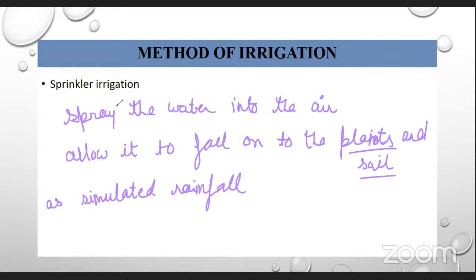Okay. So I'm repeating, sprinkler irrigation is defined as spraying the water into the air and then allowing it to fall onto the ground, plants and soil as a simulated rainfall. That is known as sprinkler irrigation.